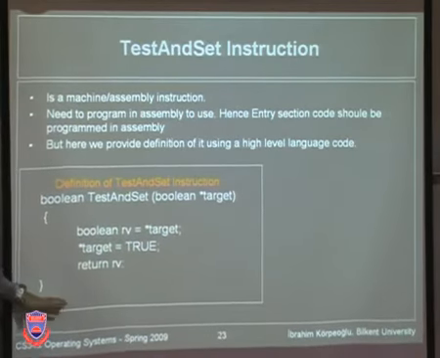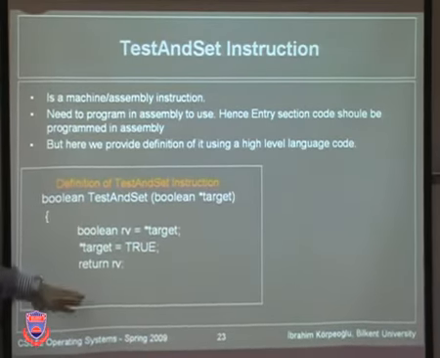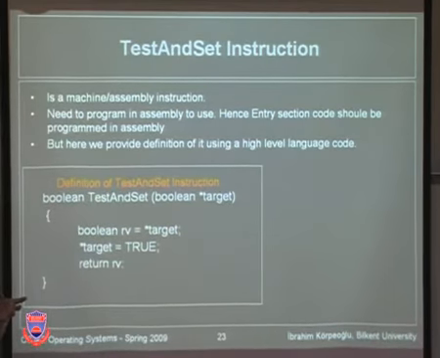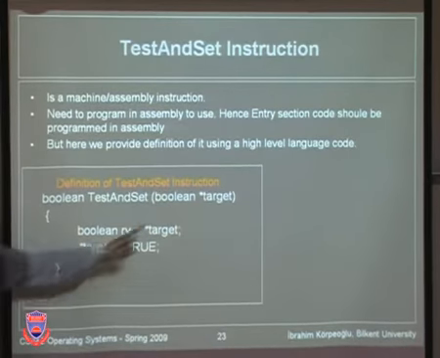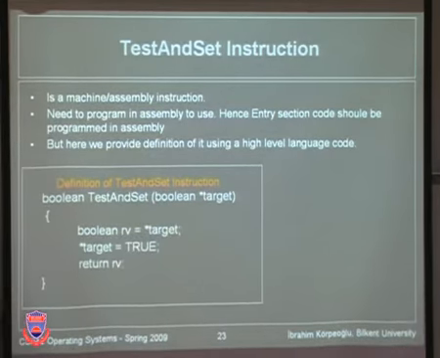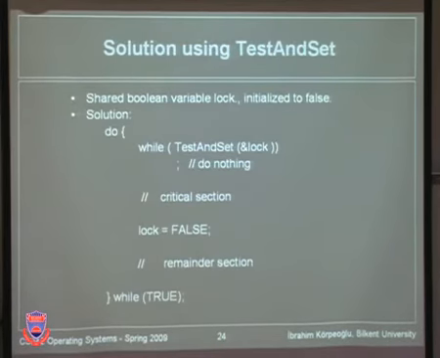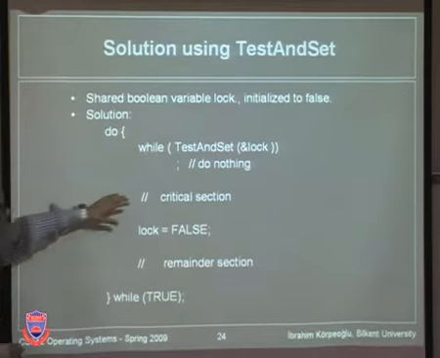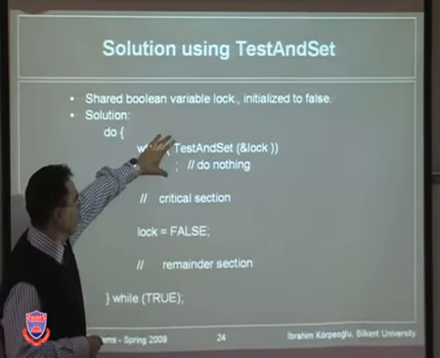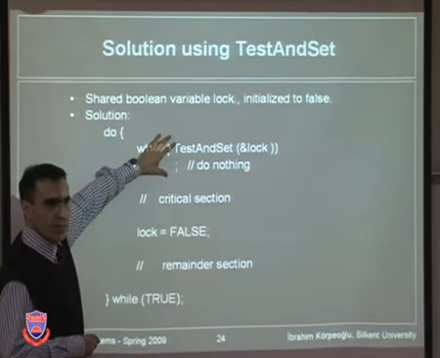So after you have executed such a machine instruction, what do you have in your hand? You have the previous value of that variable, target or lock, plus you have set the value of that lock or target to 1 as a side effect. So now you can use this machine instruction to program a solution for the critical section. This is the solution, actually. Before the critical section, you insert this piece of code as the entry section.